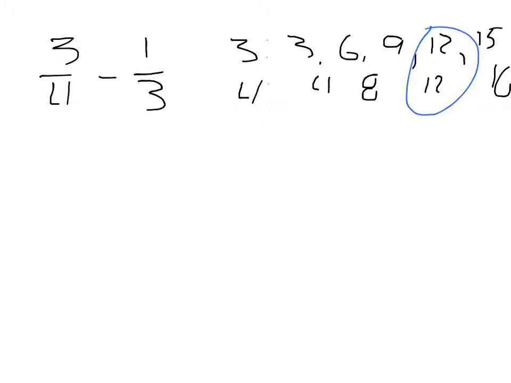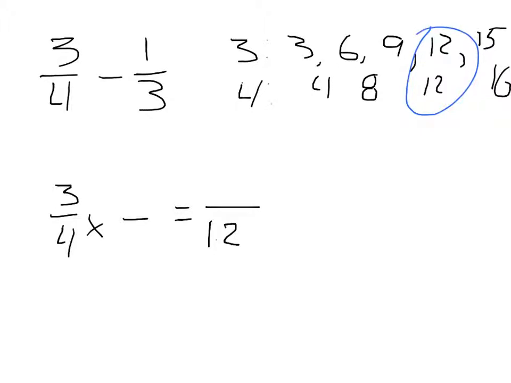So I want to take my 3/4 times what gets me a denominator of 12. And I know 4 times 3 equals 12. And since I've listed it up here on the right, I can really even go 1, 2, 3. Oh, there's 12. Okay. And that's my denominator.